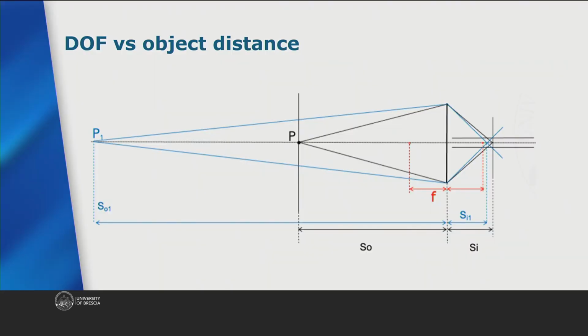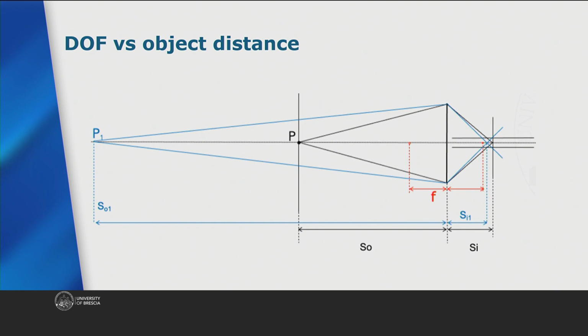Let's start by considering a point P. P, in the object plane, is placed at a distance SO from the lens. This point is focused at a distance SI in the image plane. Now let's take a second point P1 in the object plane at a distance SO1 from the lens. The light rays coming from P1 intersect at a distance from the lens, called SI1, in the image plane, which is less than SI.